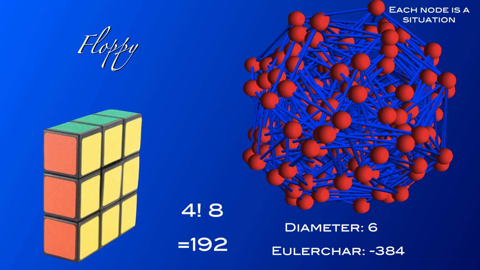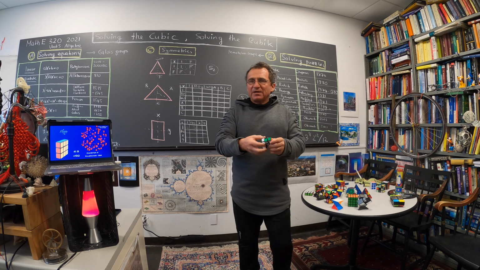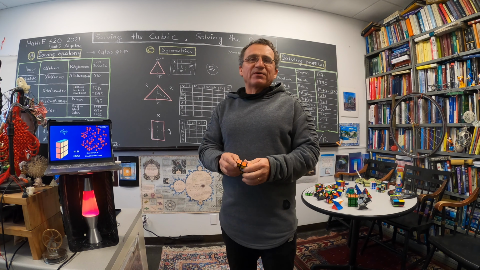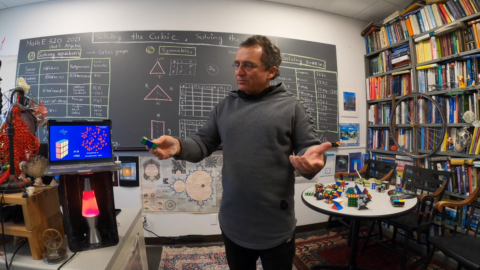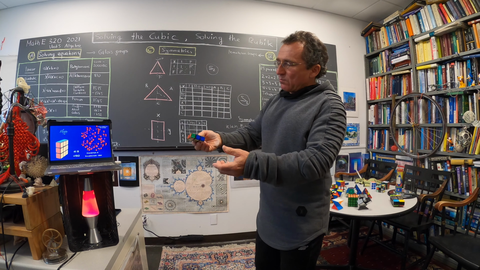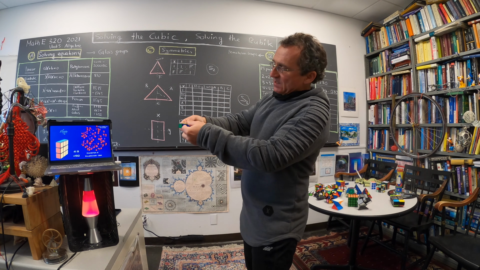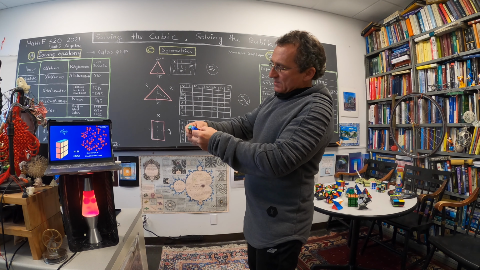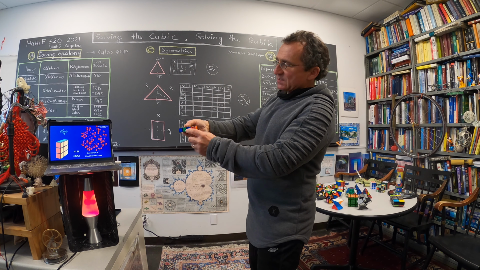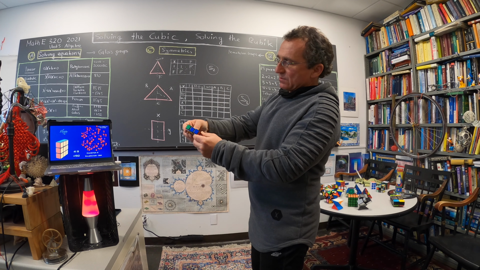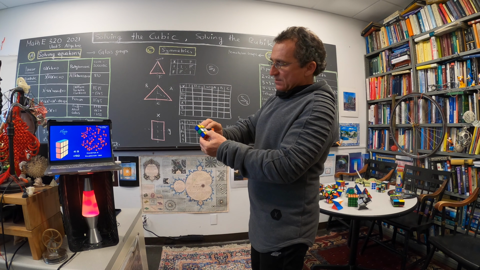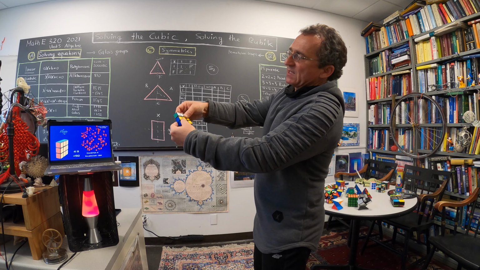The floppy is something when you take the floppy and you just scramble it arbitrarily, and then you want to do it. So what you first want to do is just fix two sides. So how do I do that? So I have to switch that. So now I have this fixed.